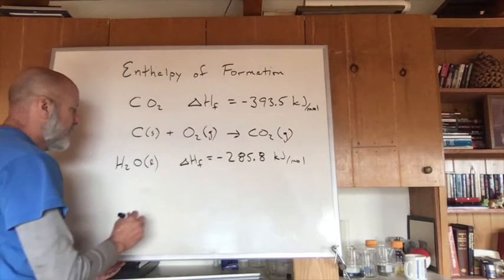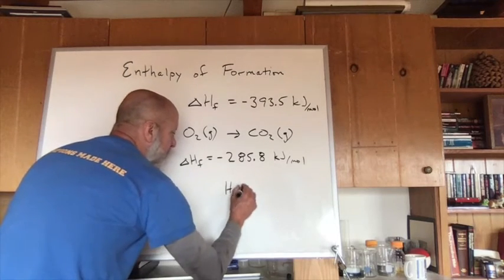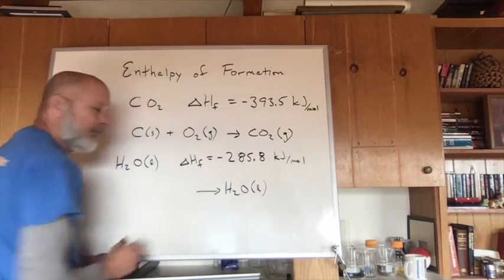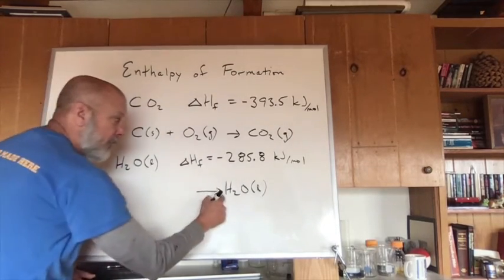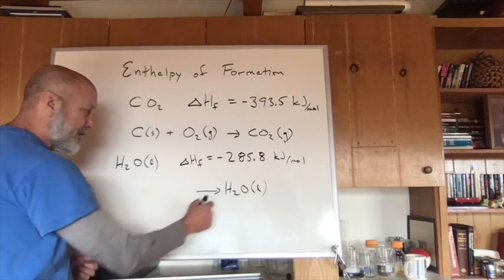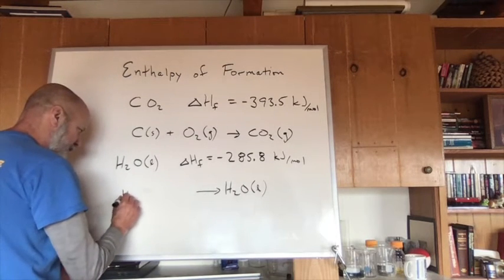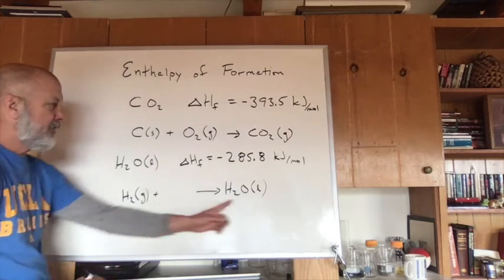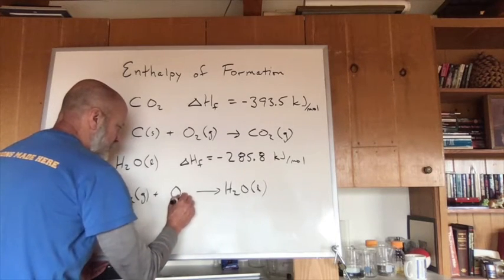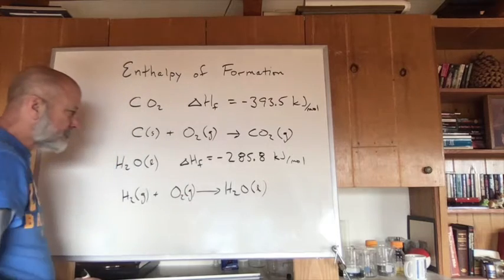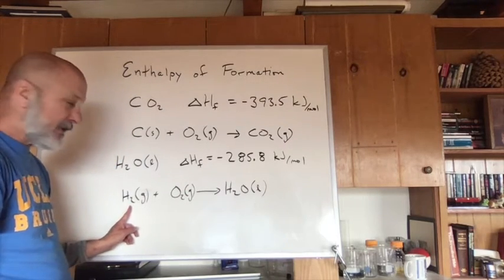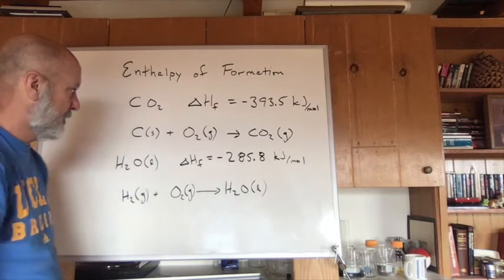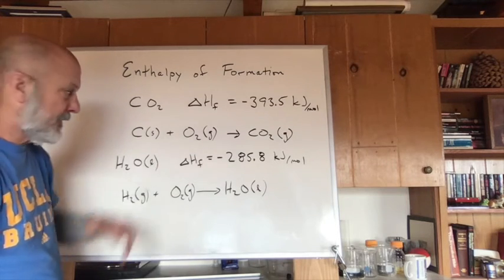So I'm going to make 1 mole of H2O, liquid, from its elements in their standard state, and only 1 mole. So the coefficient has to be 1. So I have H2 gas, and the other element is O2. I'm going to take hydrogen in its standard state, pure oxygen in its standard state, and make water. The enthalpy change is going to be this.